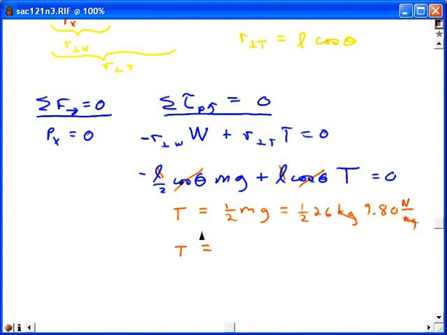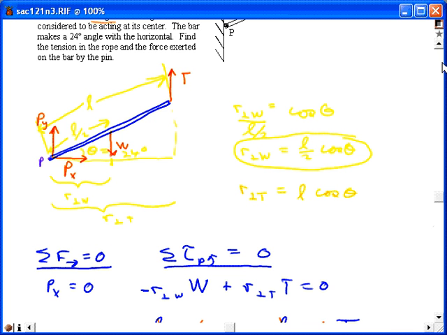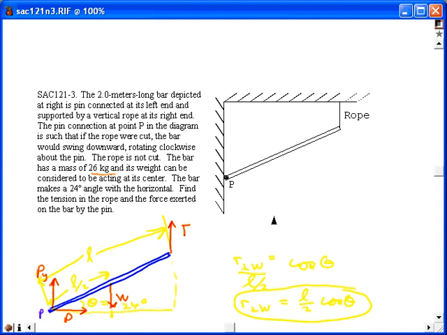First T, just what the calculator gives, 127.4 newtons, and then if I round that off, how many sig figs do I want here? It's actually 2 sig figs.